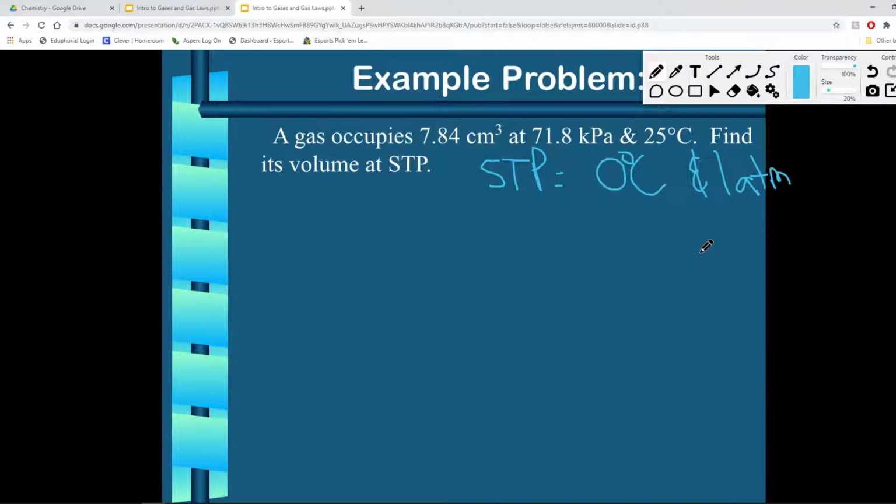In this PowerPoint somewhere, we have a list of all the different units of pressure. Here in the problem, it's using kPa. So we want to convert this 1 atmosphere to kilopascals. On that slide, it would tell you that 1 atmosphere is equal to 103.25 kilopascals.